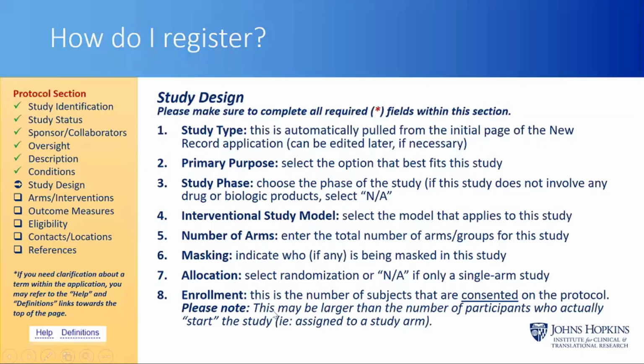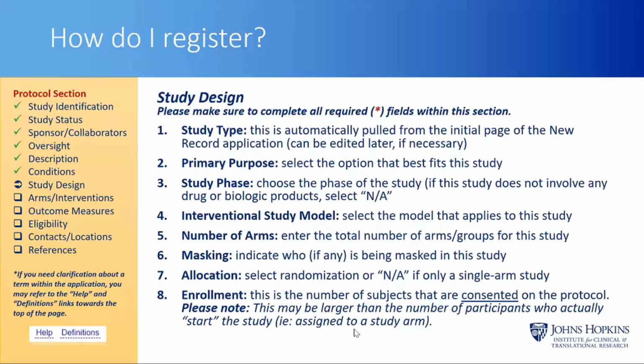Enrollment. At this stage when you're registering, this doesn't really matter, but enrollment here is going to be the number of people that you plan to consent. When it comes time for results reporting, just so you know this in the back of your mind, enrollment is the number of people who signed consent, whereas participants started is the number of people who are assigned to an intervention.